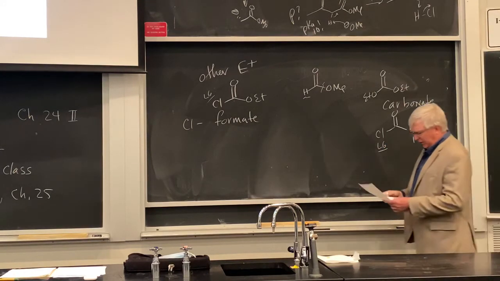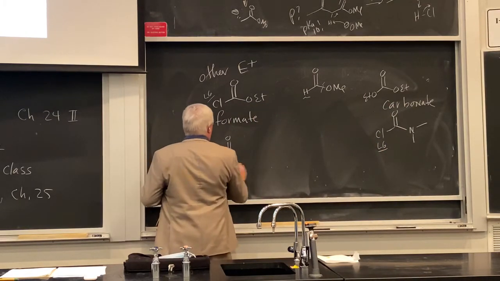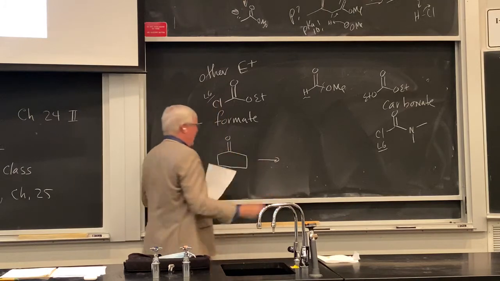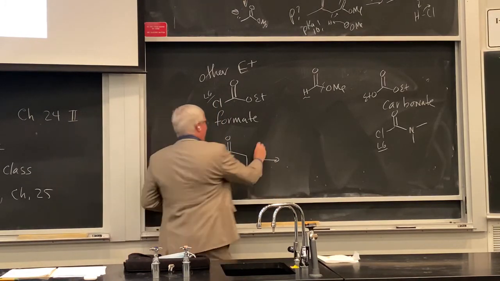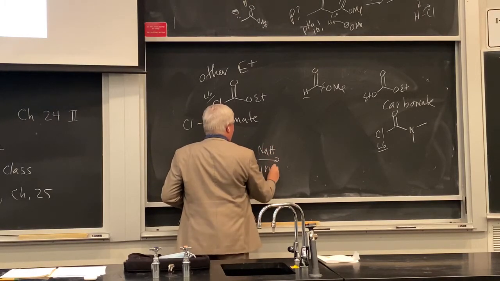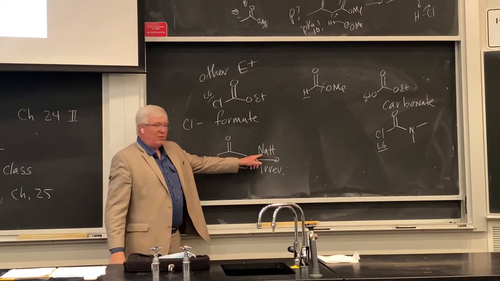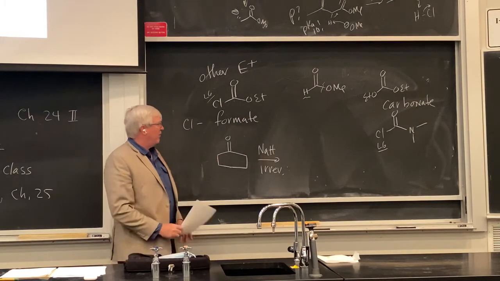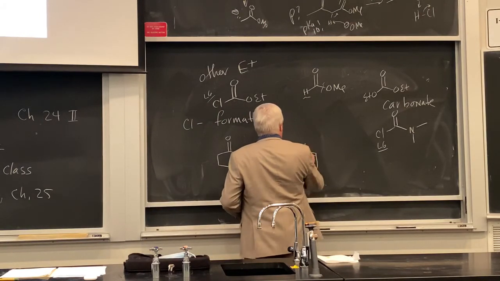Okay, so let's see a couple of these. How do these work? So you can take cyclohexanone or any ketone or any ester for that matter, and you can form the enolate irreversibly. And so, yeah, the pKa is definitely favoring product, in this case sodium hydride, and that will give us the enolate here.